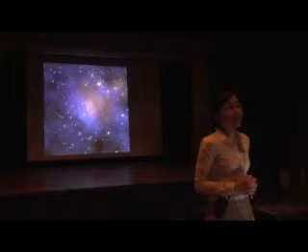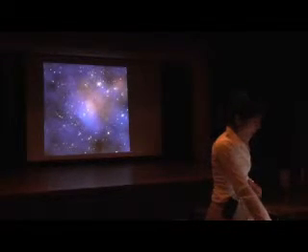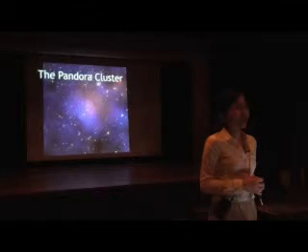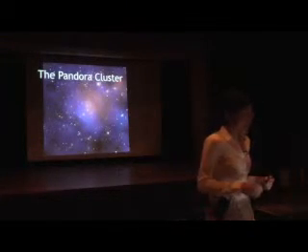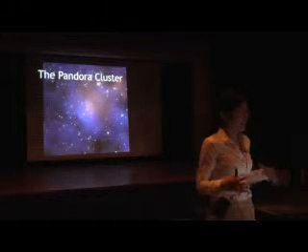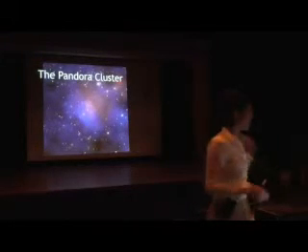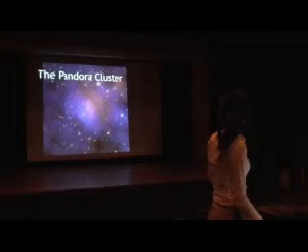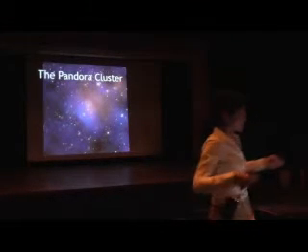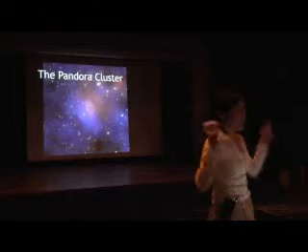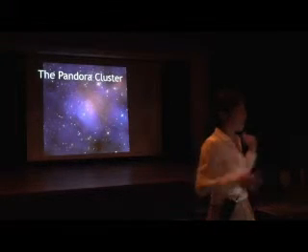The name of this cluster is actually quite appropriate. It is Pandora's Cluster. The person who discovered this cluster said that it looks like the evil that has leaked out of Pandora's box.